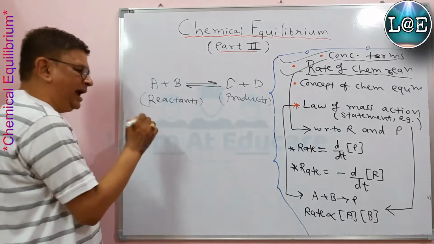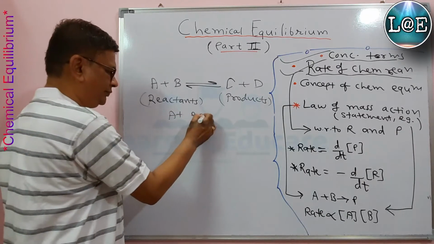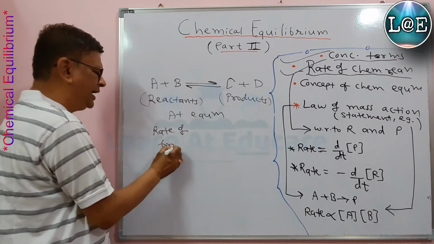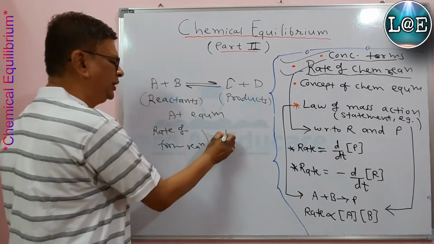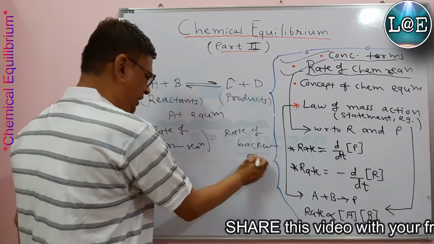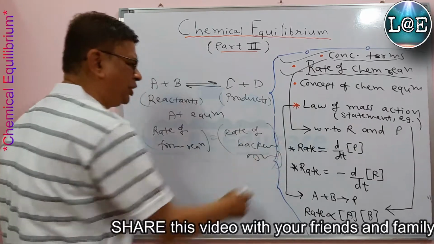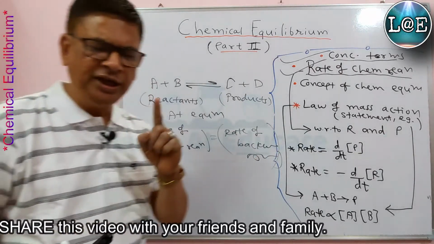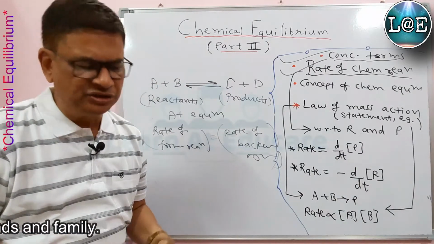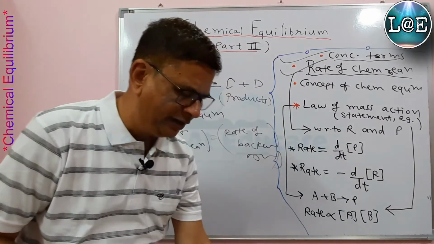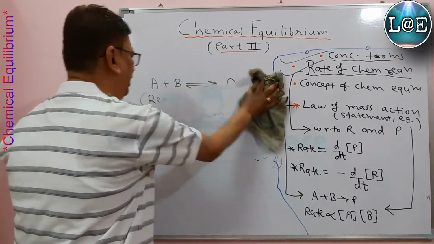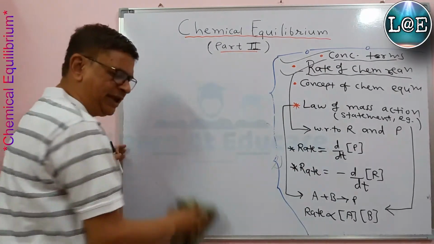Then at equilibrium, the rate of forward reaction is equal to the rate of backward reaction, and that is nothing but the concept of chemical equilibrium. Initially only forward reaction, after some time backward reaction starts, and after some more time both reactants and products are getting interconverted at the same rate.